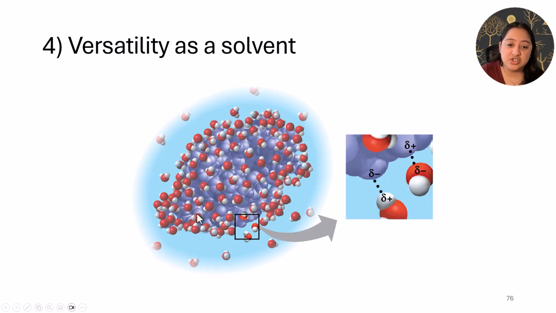So even this huge molecule is not getting surrounded by just a few water molecules. It can be surrounded by a bunch of water molecules, because they're going to be attracted to the parts that are negatively charged or positively charged. So yeah, water can dissolve a bunch of stuff.